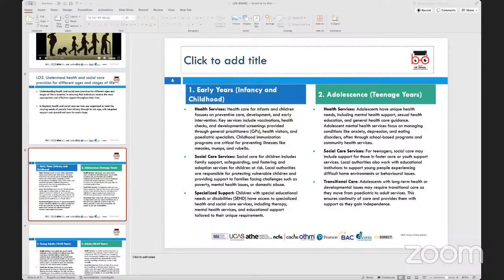You also have services provided through occupational health and safety, which could be physiotherapy and things like that.